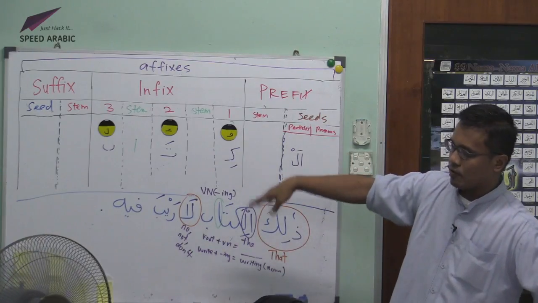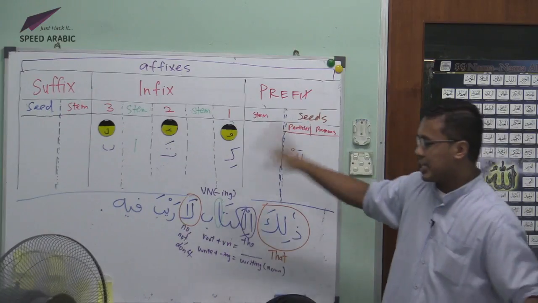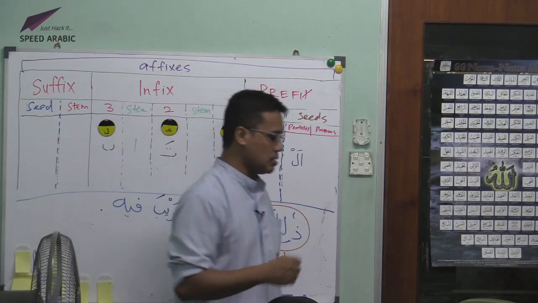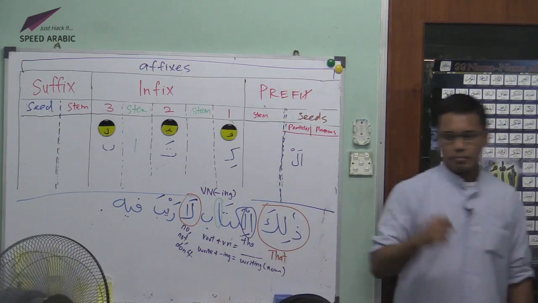So you go to step 4, define the roots. You define already Ra, Ya, Ba. Okay? So that step 4 is you go to the dictionary also to find the meaning of Ra, Ya, Ba. Ra, Ya, Ba.